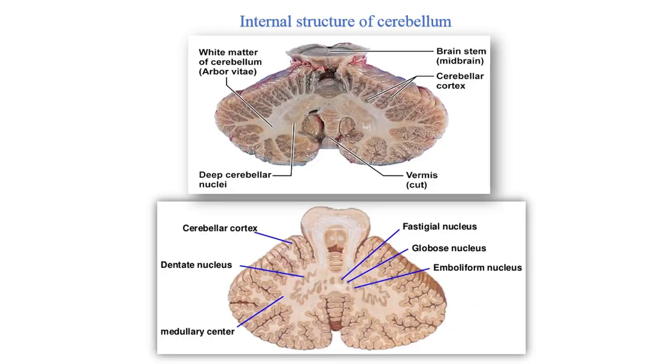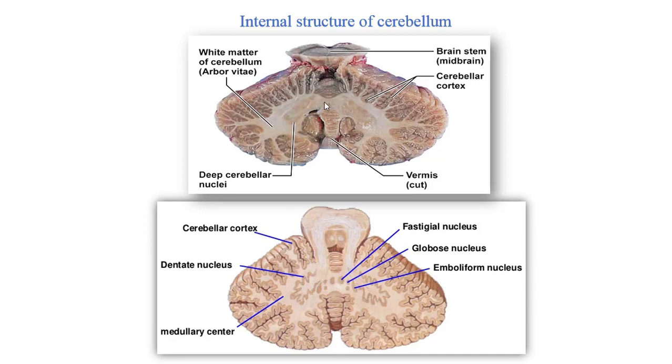Now, let's talk about internal structure of cerebellum. In cross-section, cerebellum is comprised of a gray cerebellar cortex, a medullary core of white matter, and 4 pairs of intrinsic nuclei.